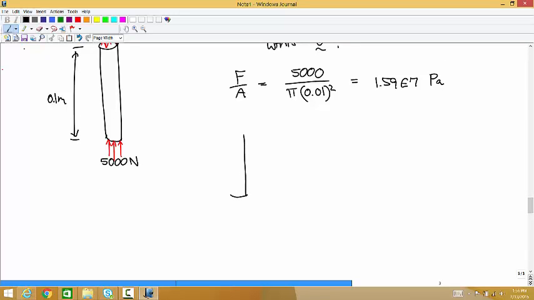So now you can think about this thing as having a distributed load acting on both sides of 1.59 times 10 to the 7.